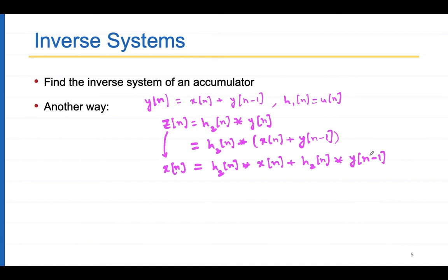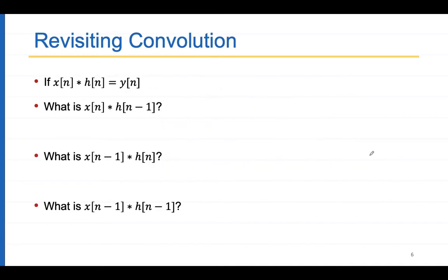Let me show you. If x of n convolved with h of n is y of n in general, then what is x of n convolved with h of n minus 1? I don't know, so let's try to derive this. Let's consider my x of n is something like this, 0, 1.